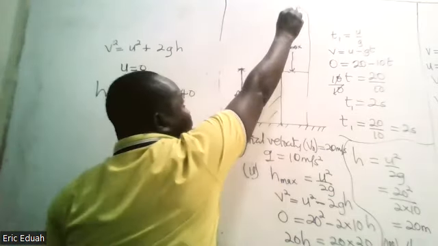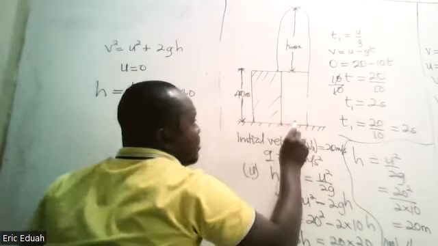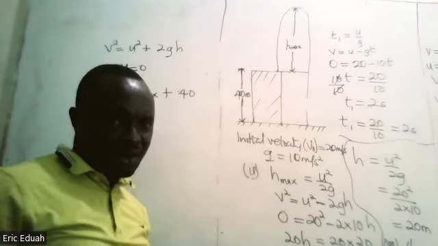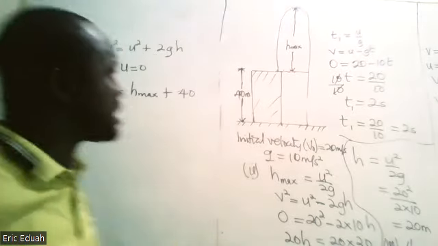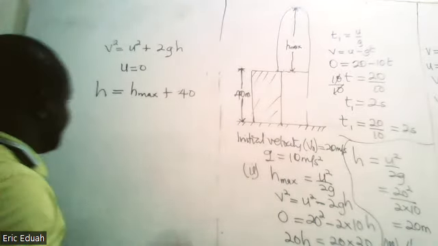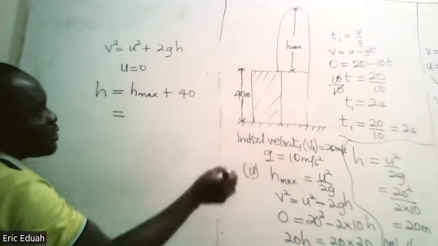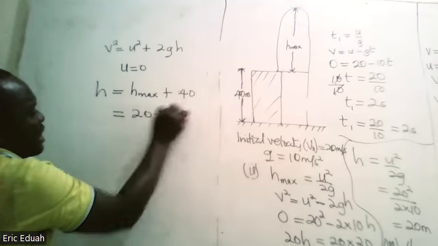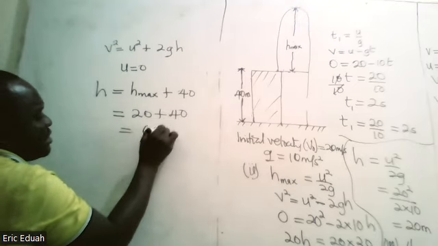Because the body is falling from up here and we are looking at the velocity just before it hits the ground. That's the total distance covered by the body. Therefore, the total distance becomes 20 plus 40, giving us 60 meters.